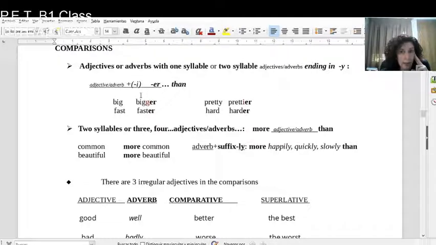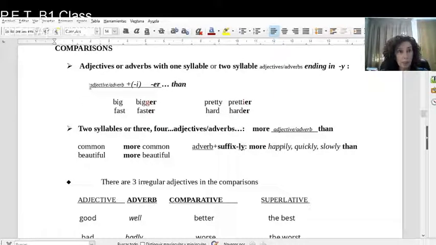Remember that, for example, big is one syllable, fast can be an adjective and also an adverb, pretty, two syllables ending in y, or hard could also be an adjective or an adverb.